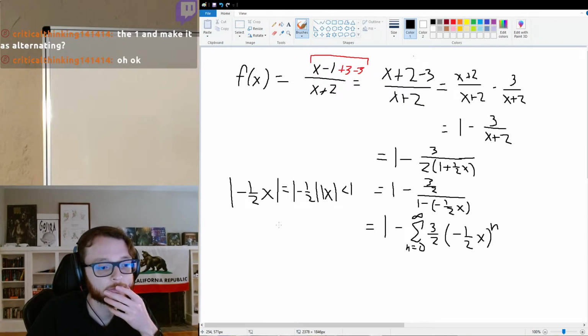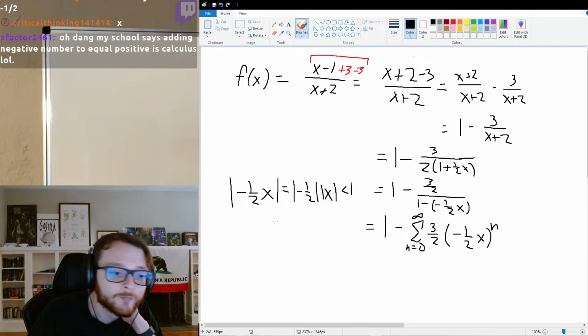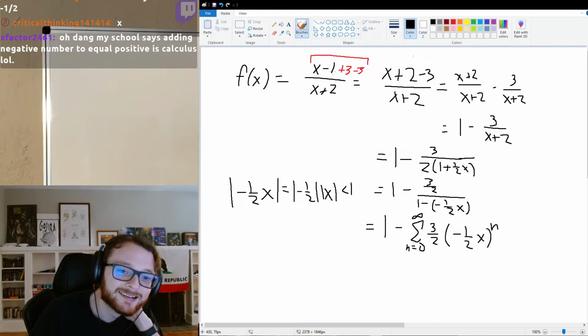Make that less than 1. Adding a negative number to get a positive is calculus. Like this thing I did up here, or maybe something else.